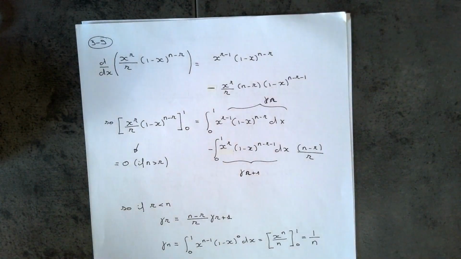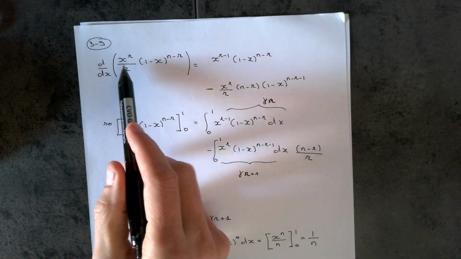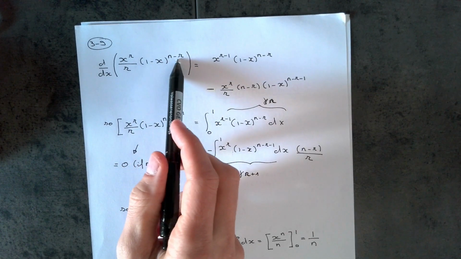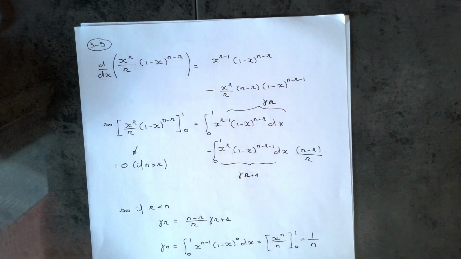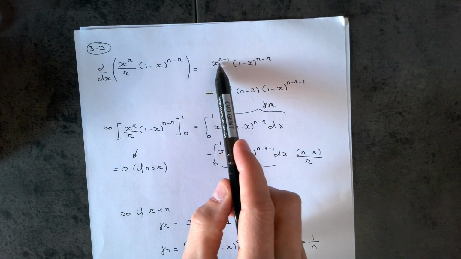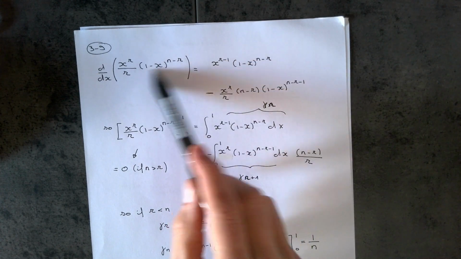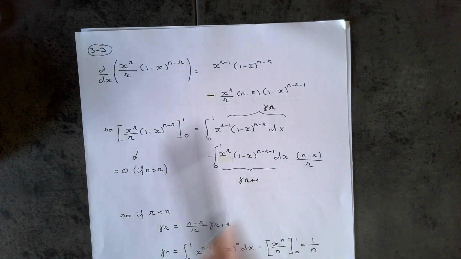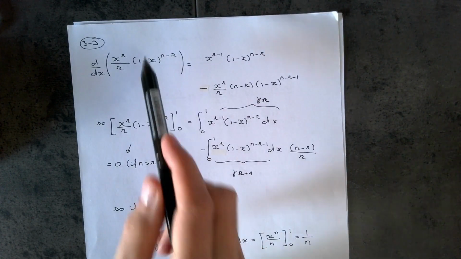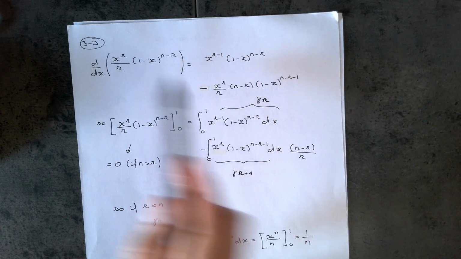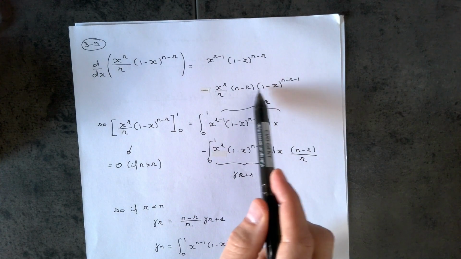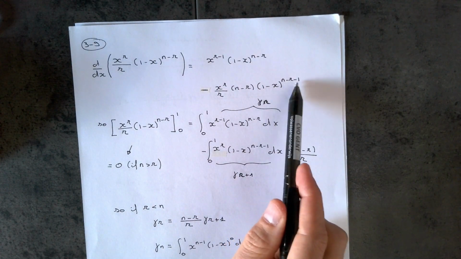So what I'm going to do, consider the expression x to the power r divided by r times 1 minus x to the power n minus r. If I take the derivative of this with respect to x, I take the derivative of the first part, which gives x to the power r minus 1, and then I copy the second part. And for the second part, there's another term: I have x to the power r divided by r, and then the derivative of the second expression is n minus r times 1 minus x to the power n minus r minus 1.